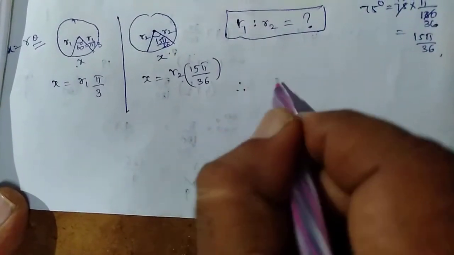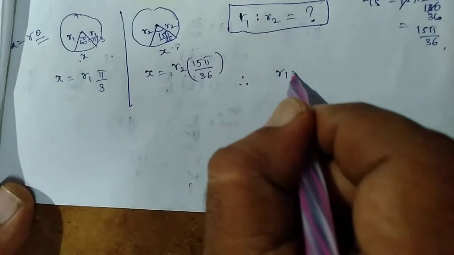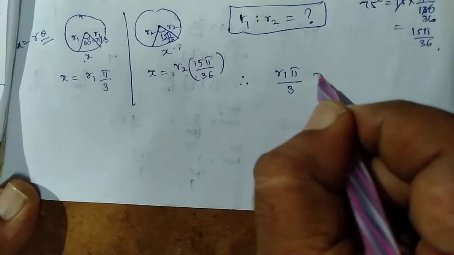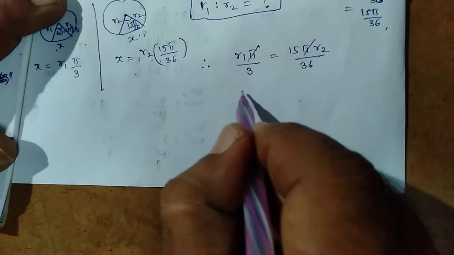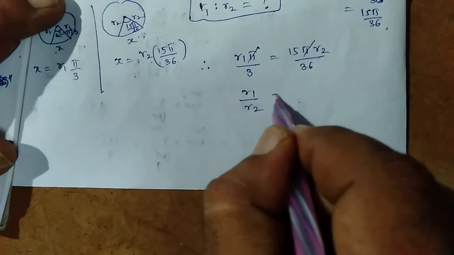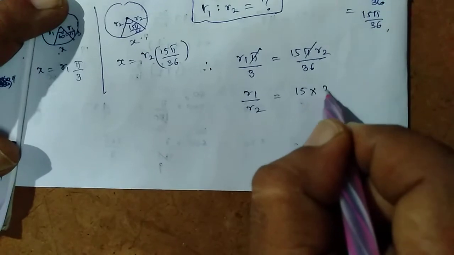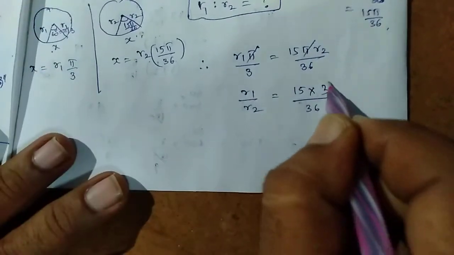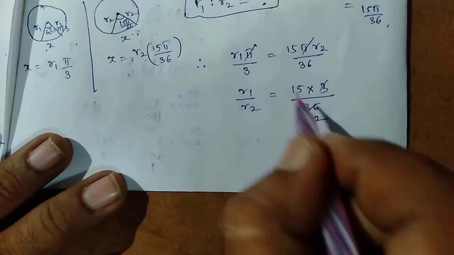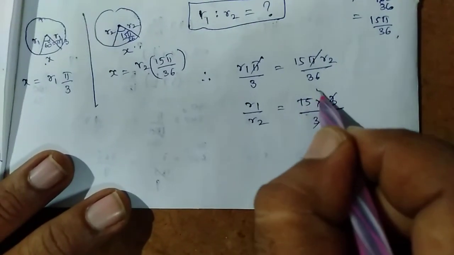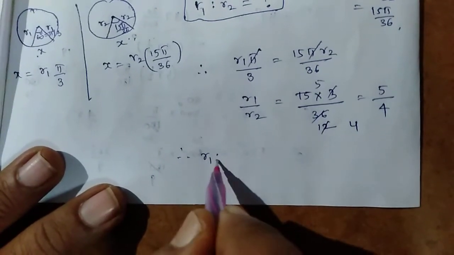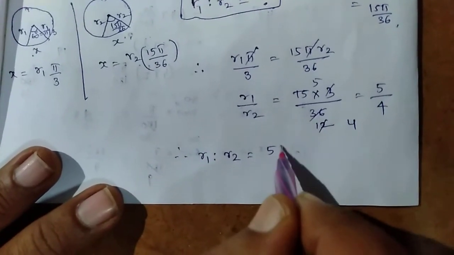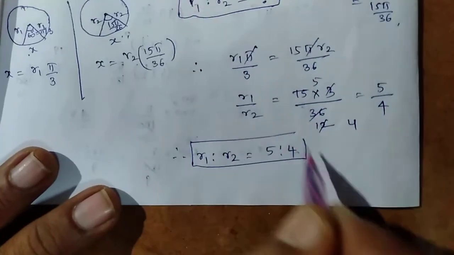Therefore, what I can write is r1 pi by 3 is equal to 5 pi r2 by 12. Pi gets cancelled. r1 by r2 is equal to 5 into 3 by 12, that is 5 by 4. Therefore, r1 is to r2 is equal to 5 is to 4, which is the required solution.